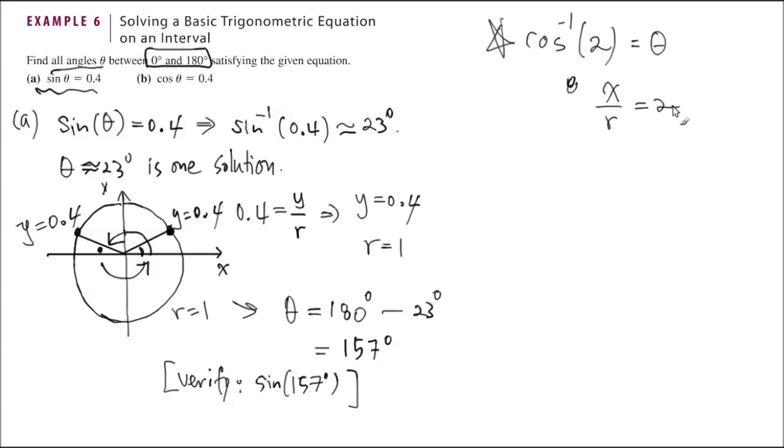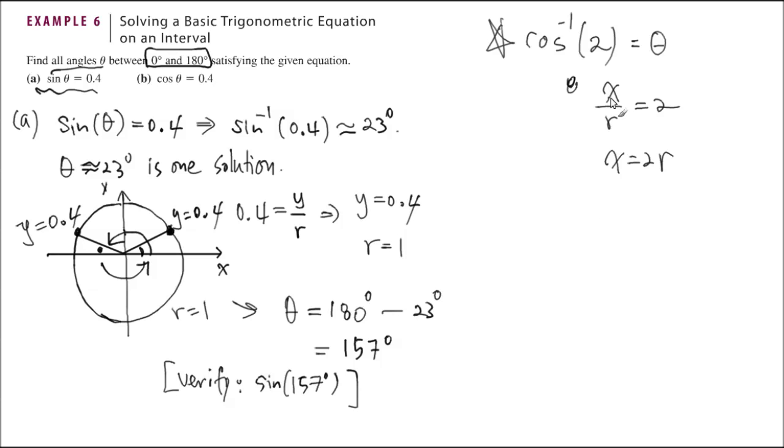Remember, the x coordinate on the circle cannot be more than r or less than negative r. It's trapped in that circle, right? So you will never get x equals 2 times the radius. This will never happen on the circle. So this is not a ratio you can achieve with any angle.